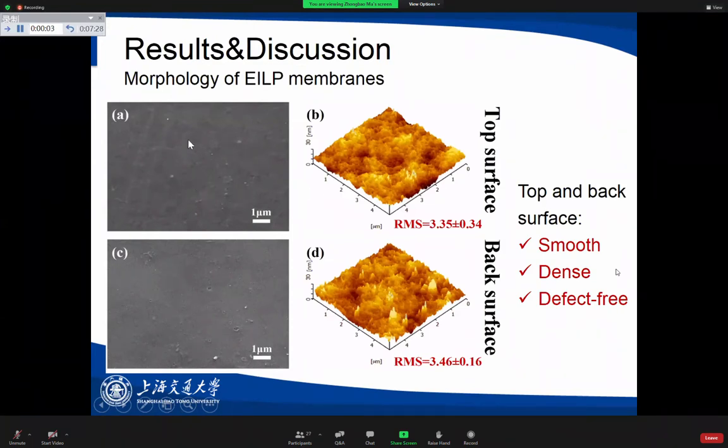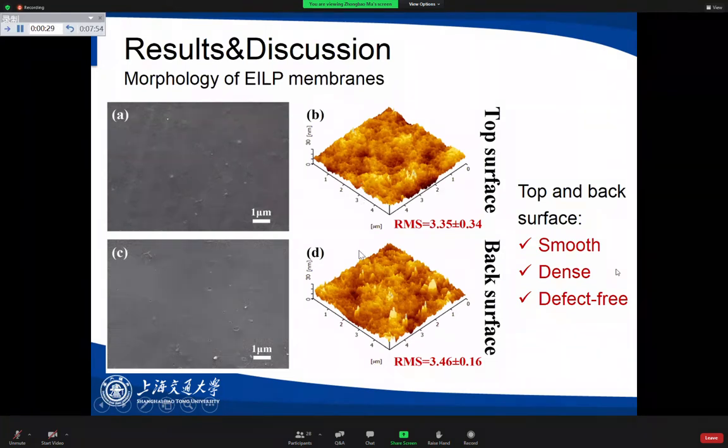The surface of the PA layer is smooth, dense, and defect-free. The reason for this is that the confined reaction area and the low monomer dosage improve the heat dissipation and reduce the reaction interference. This smooth surface can help the membrane resist fouling.